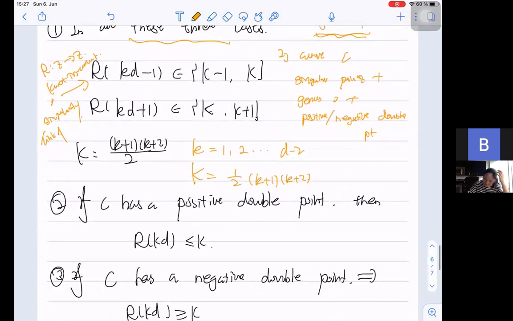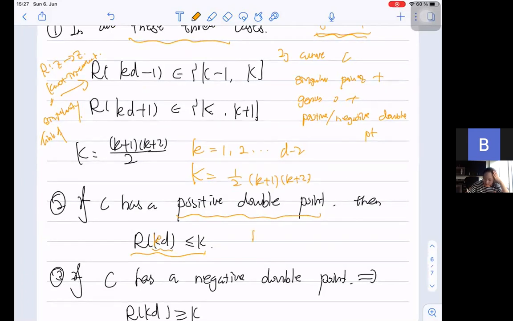However, if our curve C has a positive double point, it needs to satisfy the following inequality: the R function evaluated at the point kd, where I mean small k, is smaller than or equal to the big K. Big K is still defined in this way, and small k takes all possible values from 1 to d minus 2. So if you have one positive double point, you have an extra inequality you need to satisfy, and this obstruction can help us distinguish the genus and the positive double points.